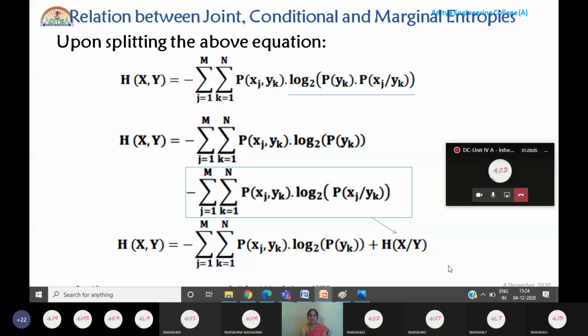We will get the conditional entropy of receiver. Yes, yes. The second term is directly the conditional entropy of transmitter knowing the receiver data. Okay, how can the first term be replaced? H of x by y, madam. Okay, the second term you replaced with H of x by y.